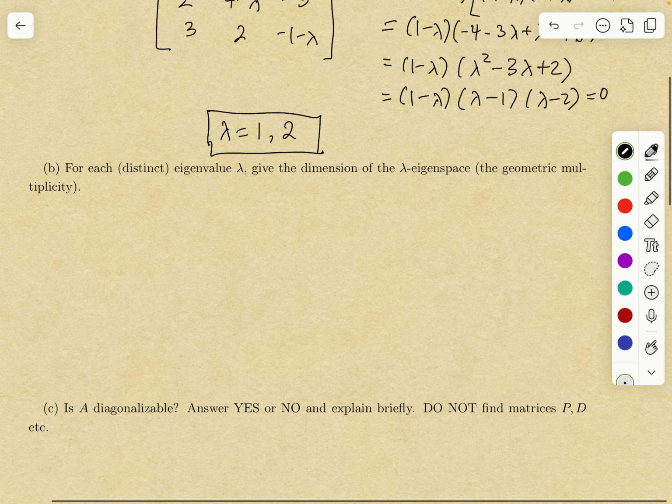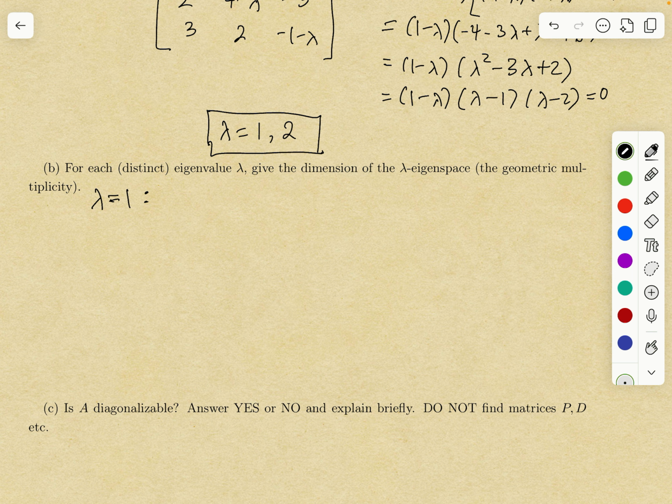Part B says, for each distinct eigenvalue lambda, give the dimension of the lambda eigenspace. So I have two distinct eigenvalues, 1 and 2. For lambda equals 1, what do I have to do to calculate the dimension of the lambda eigenspace?